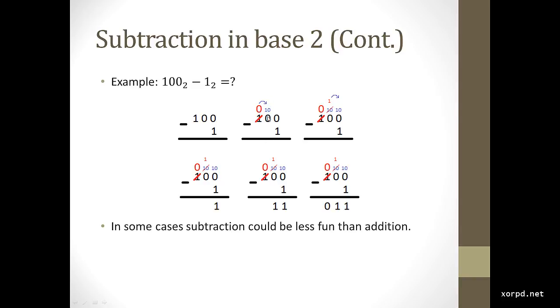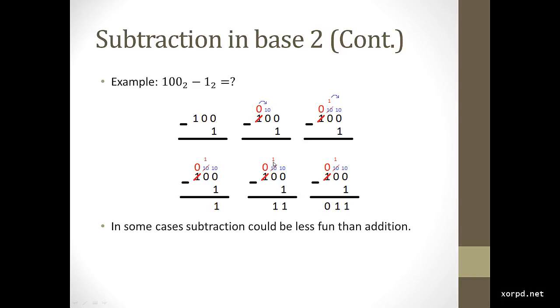From those 10 units, we also want to borrow 1 unit. We borrow 1 unit to the right, and we are left with 1 in this position, and we get 10 in this position. Now we can subtract 10 minus 1, and we get as a result 1.